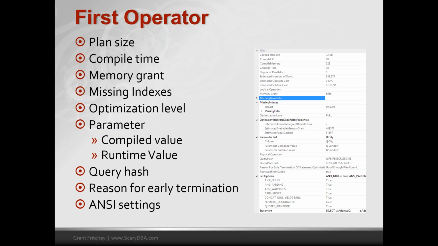So if you ever hit the situation where you're a developer, you write a good query, you test it out, it looks fine, you pass it over to the DBAs, they run the query and it comes back with a different execution plan and it doesn't work well at all. This is a situation I've hit several times myself. You should take a look at the ANSI settings. It's possible that your local ANSI settings and the server ANSI settings are different, and you could be getting different execution plans because of that.